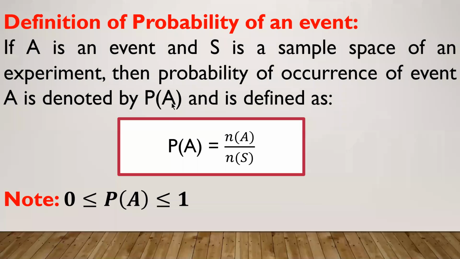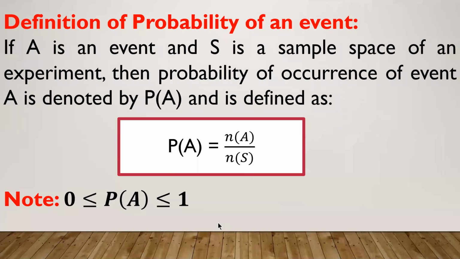Probability of event A is defined as N of A divided by N of S, the number of points in A divided by the number of points in S. Note, the value of the probability of any event will always be between 0 and 1.